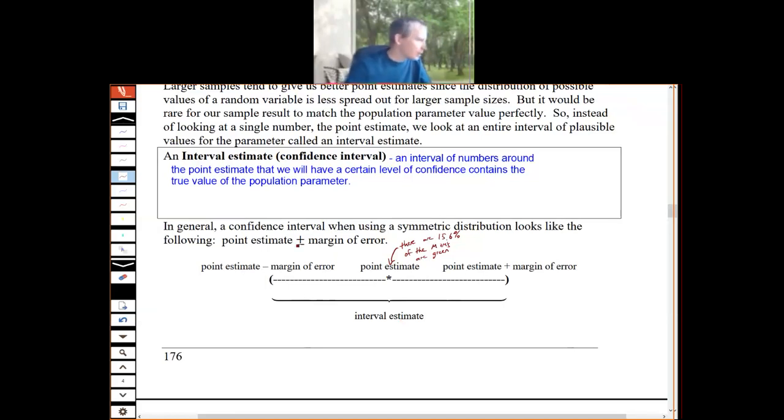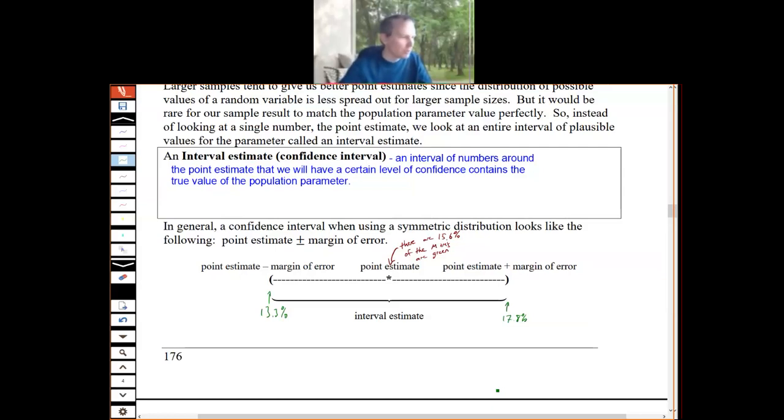So I might have an interval where I say, maybe between 13.3% and 17.8% of my M&Ms are green.